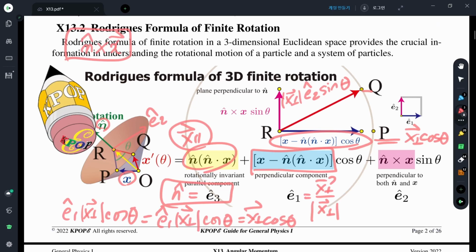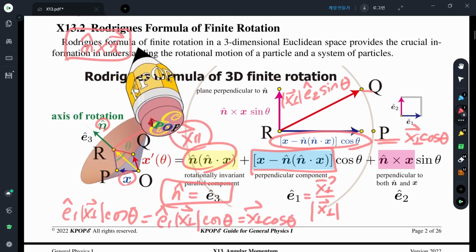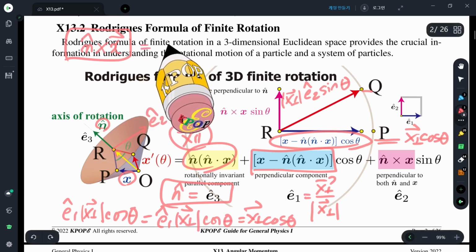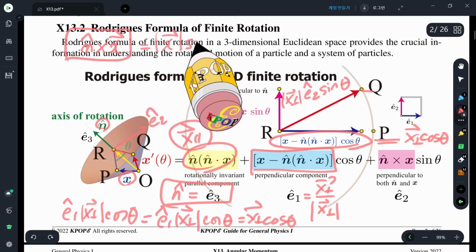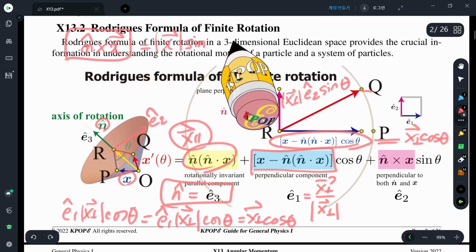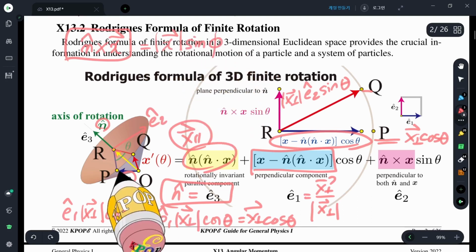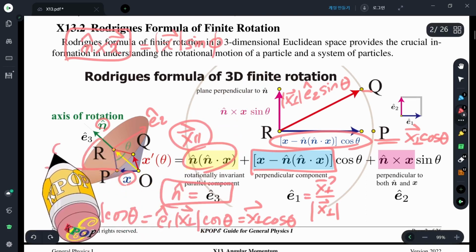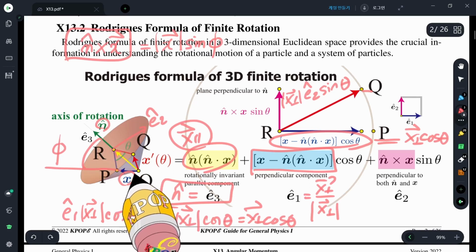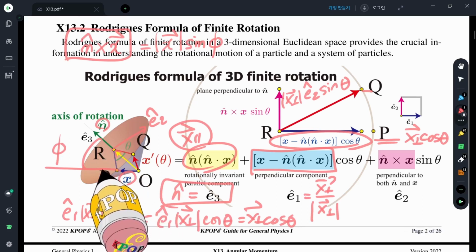And n cross x has the magnitude x sine, let me say phi. That phi is independent of theta. This is phi, the angle between n hat and x.